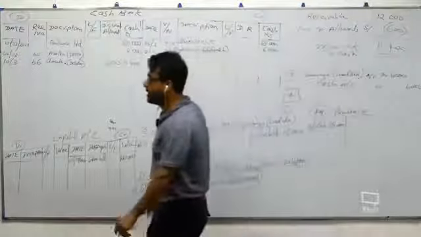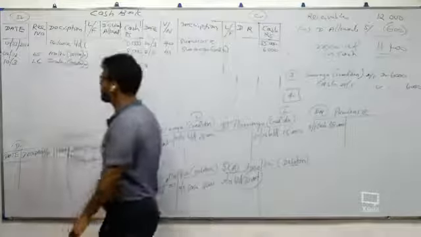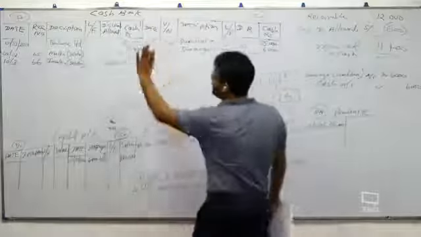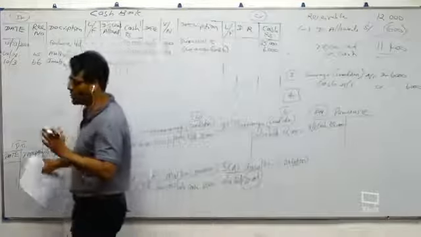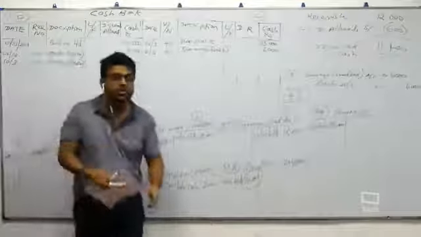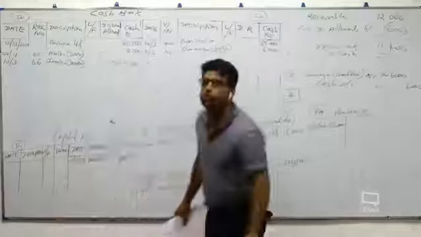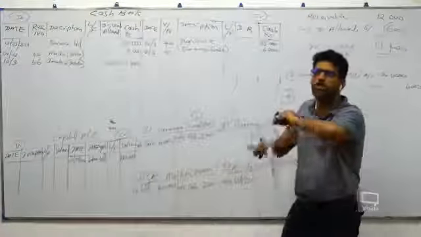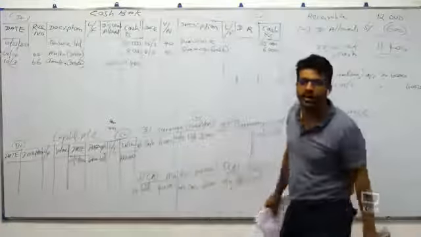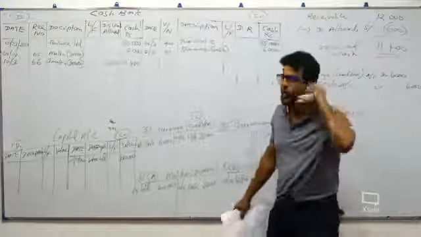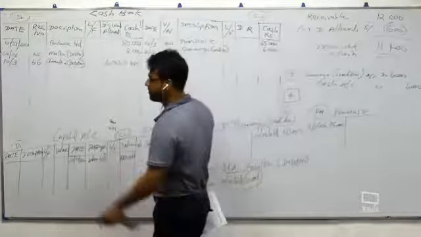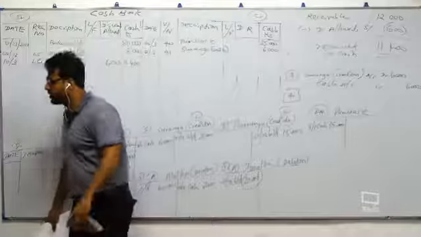Okay. Now you guys tell me, how do you write the double entries for this? That's an important question I'm asking. A lot of students struggle. 99% of the students don't know how to make the double entry for this.